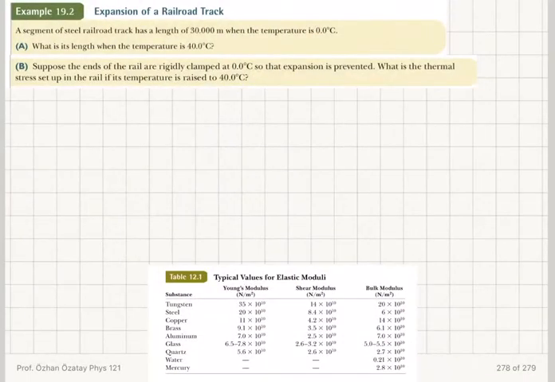A segment of steel railroad track has a length of 30 meters when the temperature is 0 degrees Celsius. So we have steel, the length is 30 meters when the temperature is 0 degrees Celsius. What is its length when the temperature is 40 degrees Celsius? That's part A of the problem.